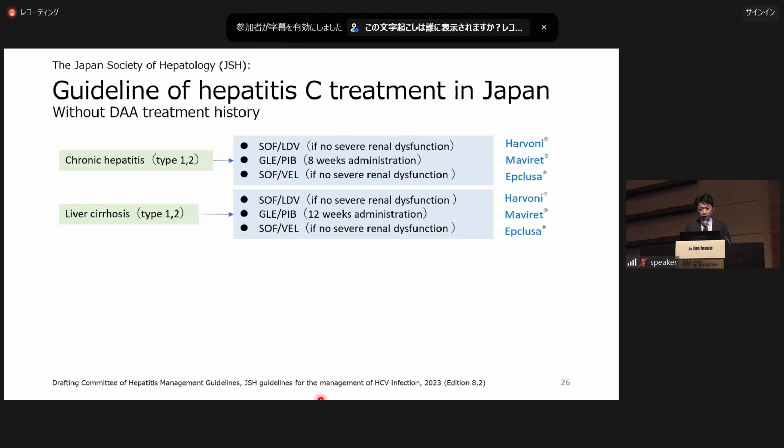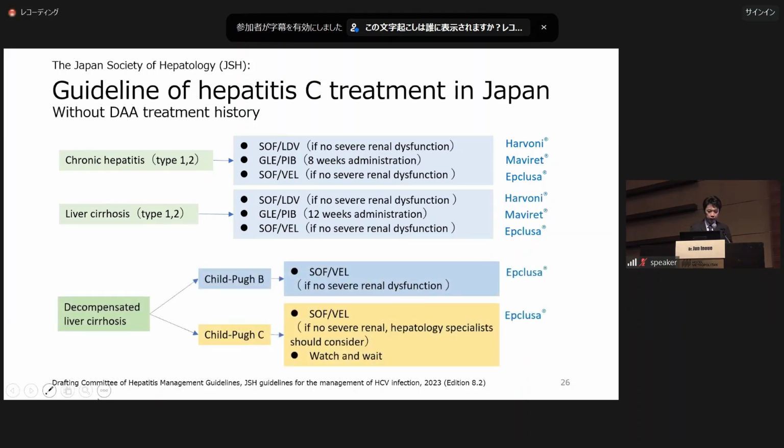So I'd like to introduce the Japanese guideline of hepatitis C treatment for participants from other countries. If the patient has chronic hepatitis or liver cirrhosis, Harvoni, Maviret, and Epclusa are recommended.